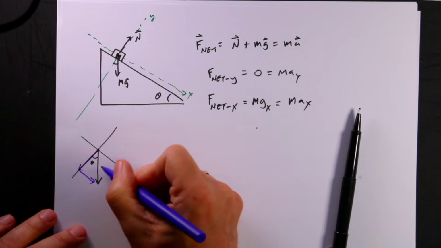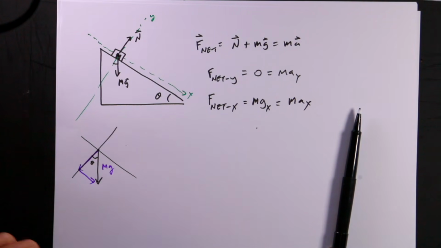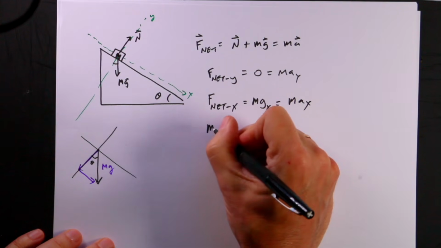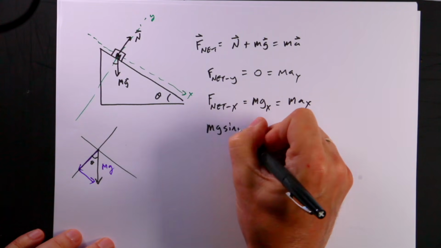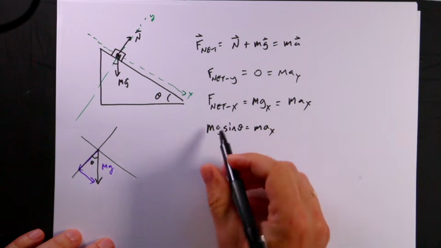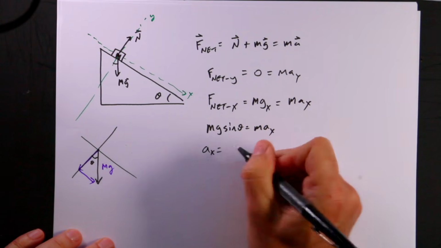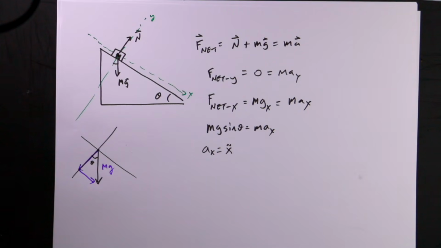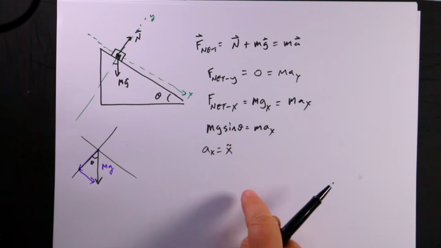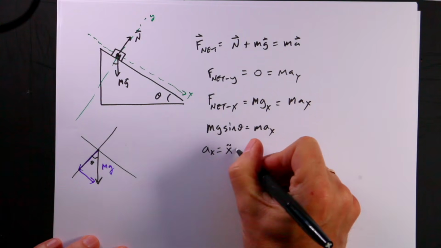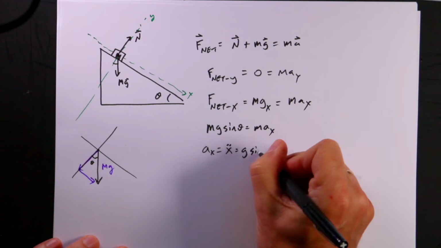And so if this is mg magnitude, the x component would be mg sine theta. So I get mg sine theta equals ma_x. So the masses cancel and I get a_x. And I'm going to write this as x double dot because we're cool, right? This is classical mechanics. We can write that. This says that the acceleration is the second derivative of the position, and that's equal to g sine theta.